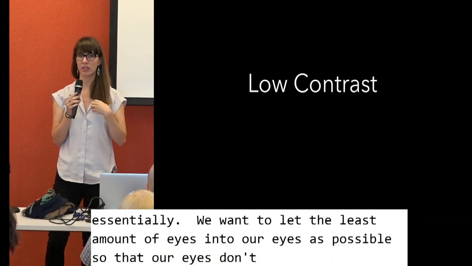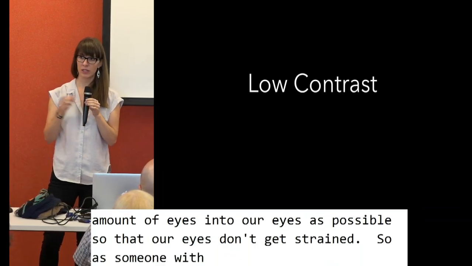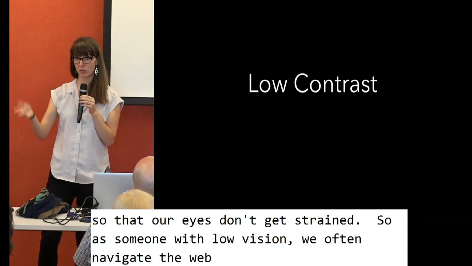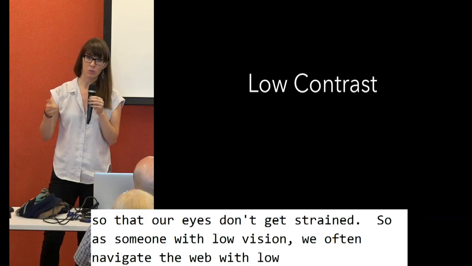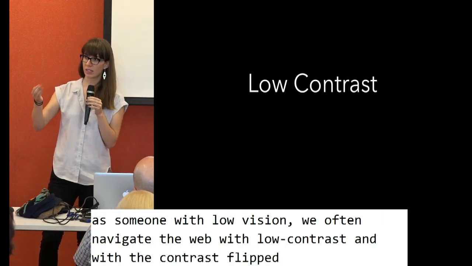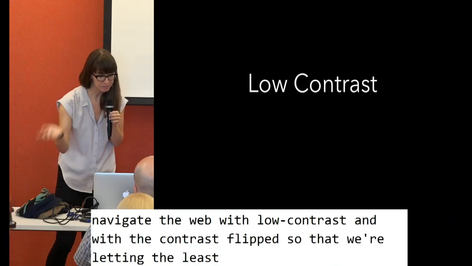So as someone with low vision, we often navigate the web with low contrast and with the contrast flipped so that we're letting the least amount of light into our eyes.